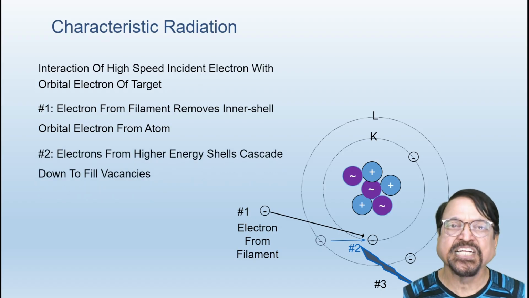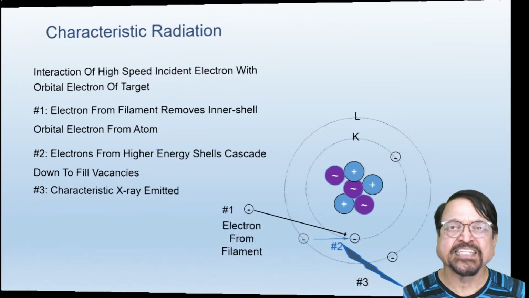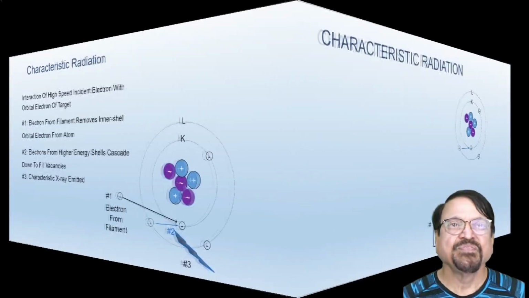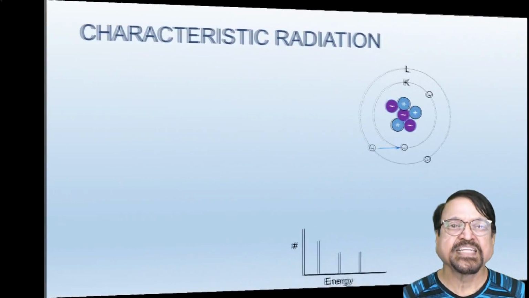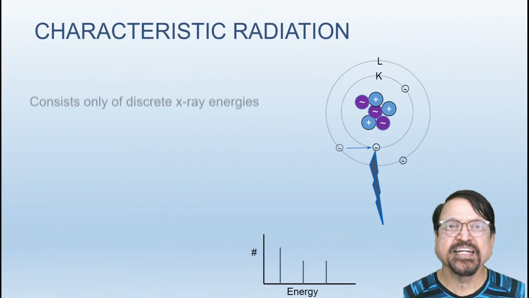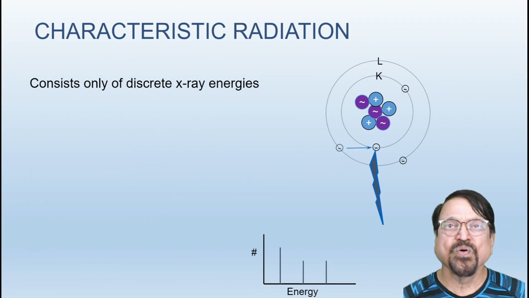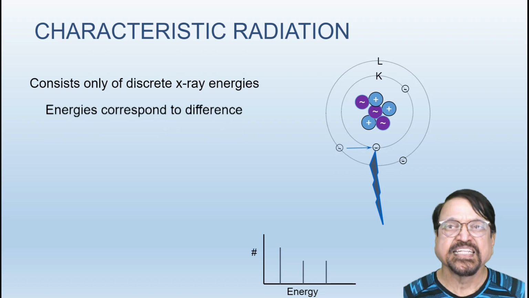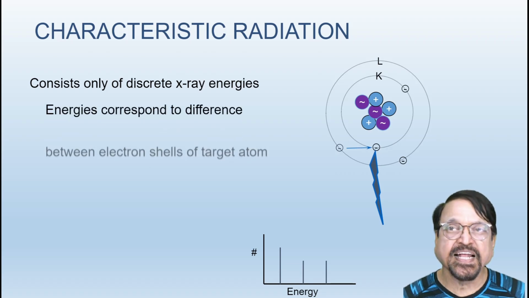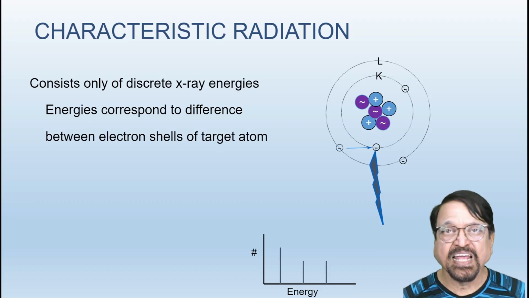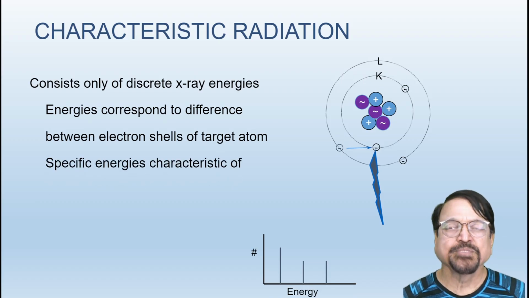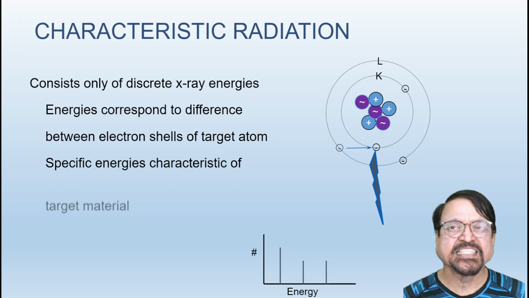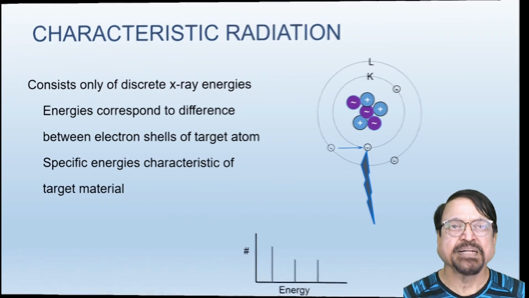An electron from a higher energy shell cascades down to fill the vacancy. This will liberate characteristic radiation. It consists of only discrete X-ray energies. The energies correspond to the difference between the electron shells of the target atom, specific to the energy characteristics of the target material.